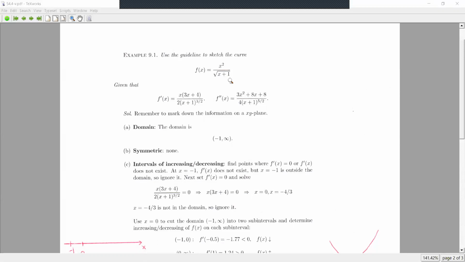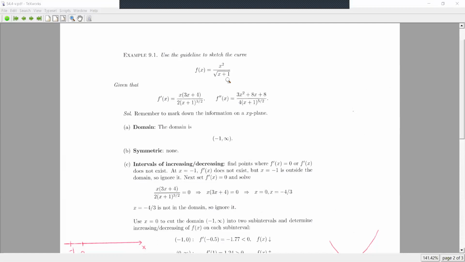How about -1? If you plug in -1 for x, then the denominator is the square root of -1 plus 1. It is 0. So the function is not computable at -1. Then how about -0.5?